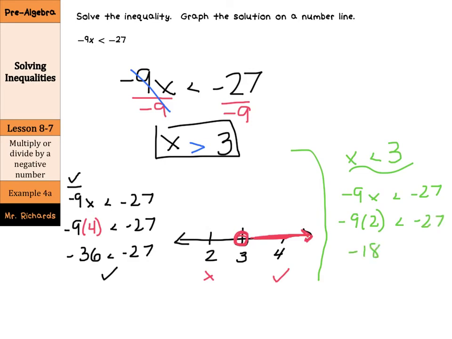Is -18 less than -27? No. So your check step proves that you have to reverse that inequality for it to be correct. So make sure when you multiply or divide both sides of an inequality by a negative number that you reverse your inequality sign.